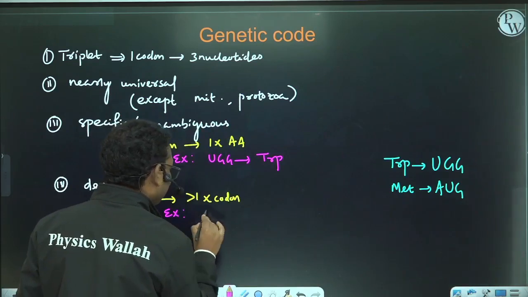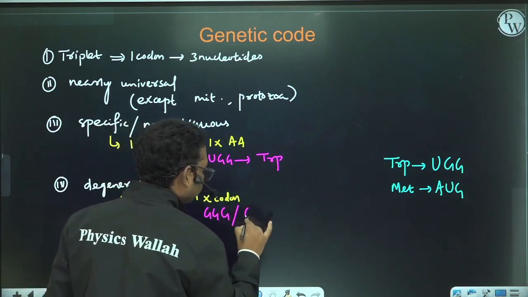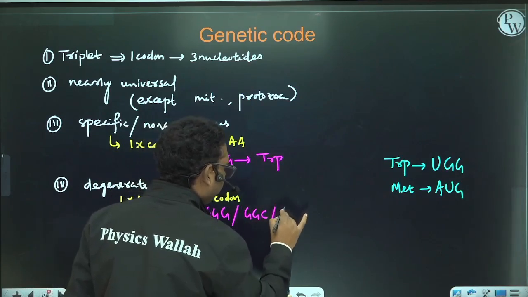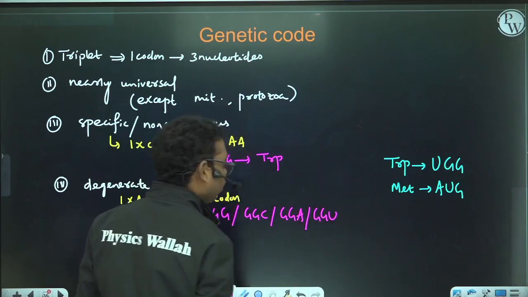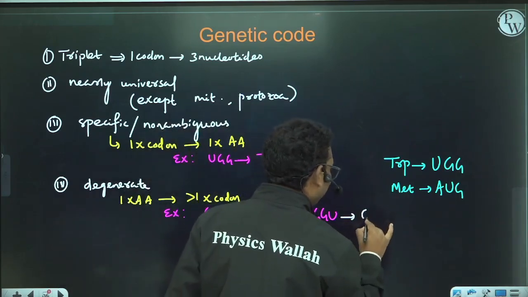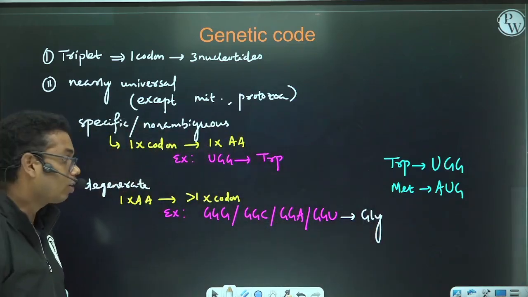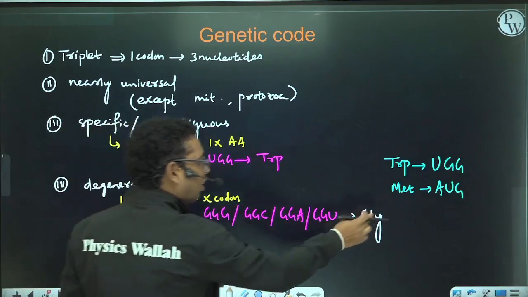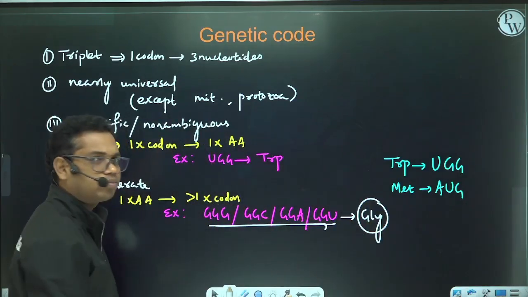If I take GGG or GGC or GGA or GGU, all of these codons code for glycine. So you can see one amino acid is coded by more than one codon. This is degeneracy.